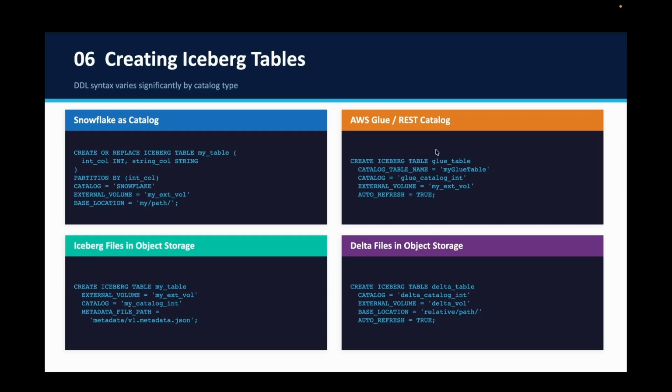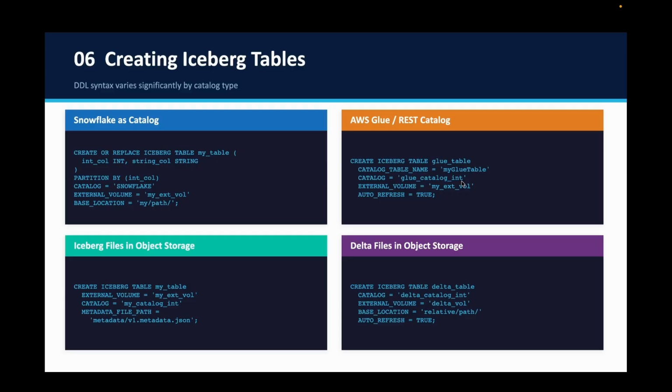In this section, we are covering AWS Glue via REST catalog. Create Iceberg table, Glue table. Glue table is the table name that we are creating, where catalog table name is the table name that we are referring to, and catalog equals Glue catalog integration.